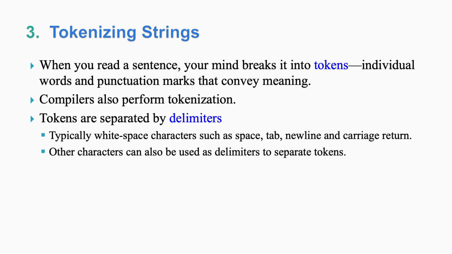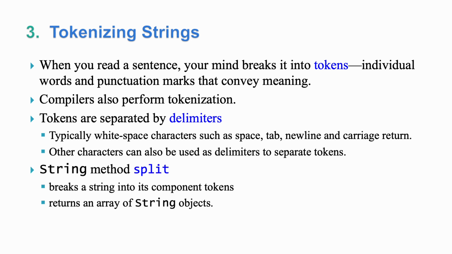Other characters can also be used as delimiters to separate tokens. To perform tokenization, you can use the string method named split. This method breaks a string into its component tokens and returns an array of string objects.